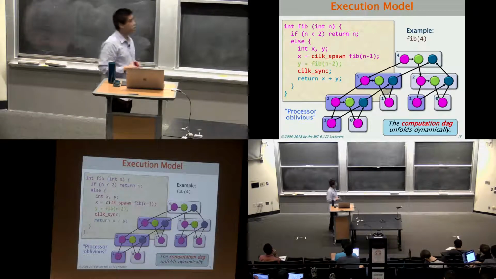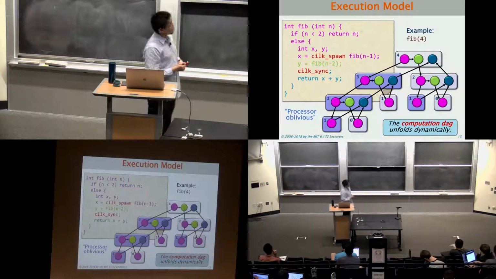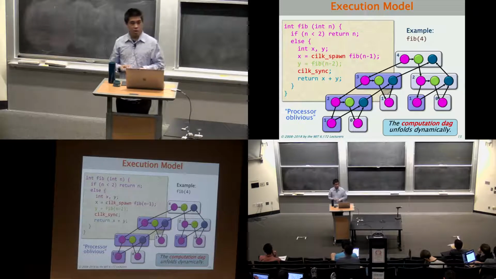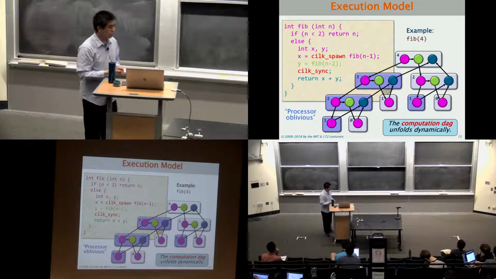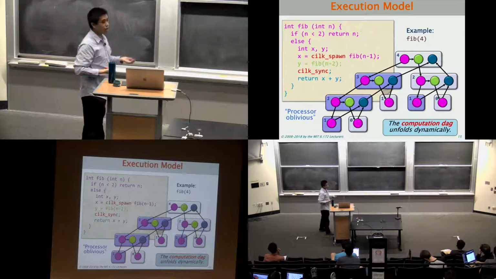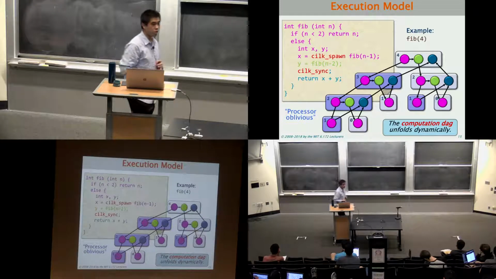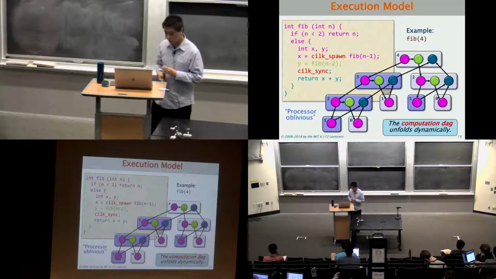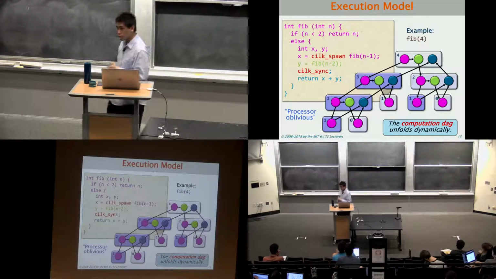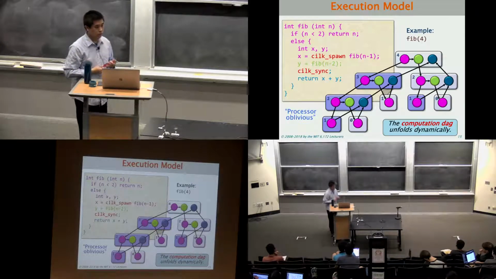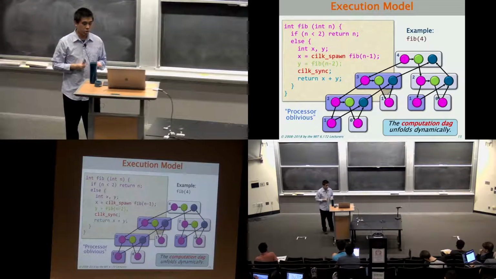Nowhere in this computation DAG did I mention the number of processors I had for the computation. Similarly, in the code here, I never mentioned the number of processors that I'm using. So the runtime system is going to figure out how to map these tasks to the number of processors that you give to the computation dynamically at runtime.